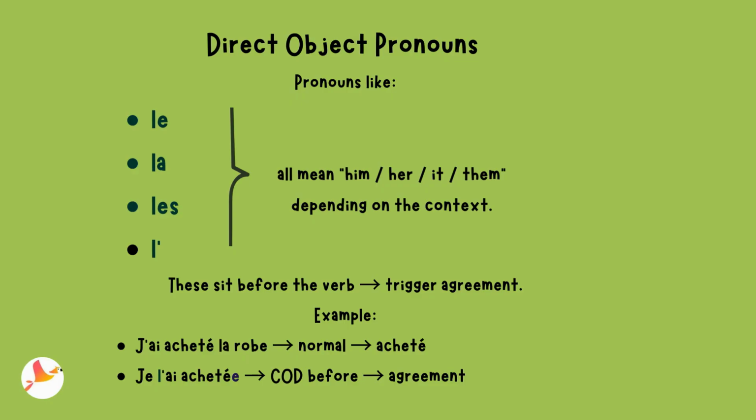And because we have a direct object pronoun present and the direct object pronoun is before the helping verb, we have agreement with the past participle. And an E is added because we are making the agreement with the direct object pronoun, which is feminine. It's making reference to la robe. All right.